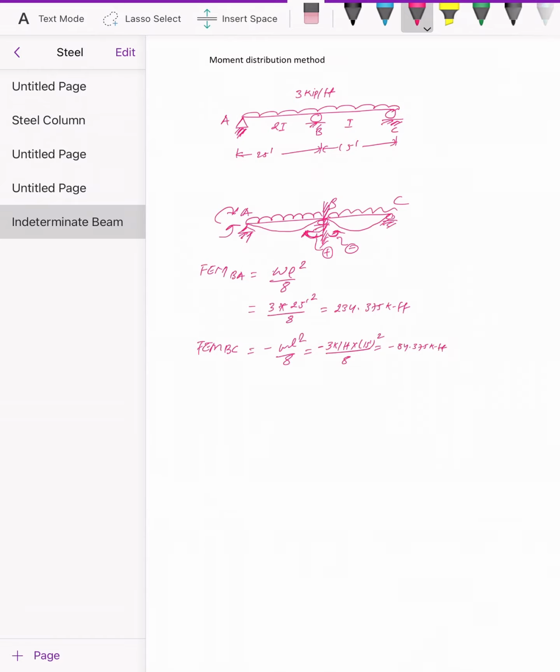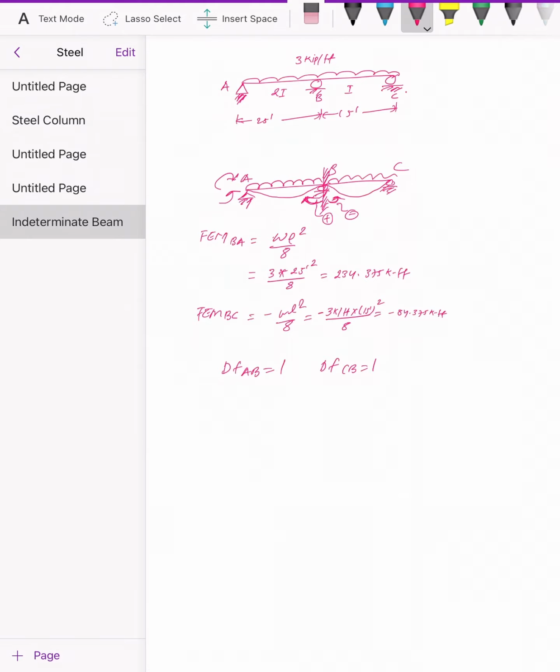Always when you have an exterior roller or hinge, the distribution factor is always 1, because it is the stiffness of member AB by the stiffnesses of members connected to this joint, which is only AB, so it will be 1. So the distribution factor of AB is equal to 1, the distribution factor of CB is equal to 1, so we have to find the distribution factor of BA and BC.